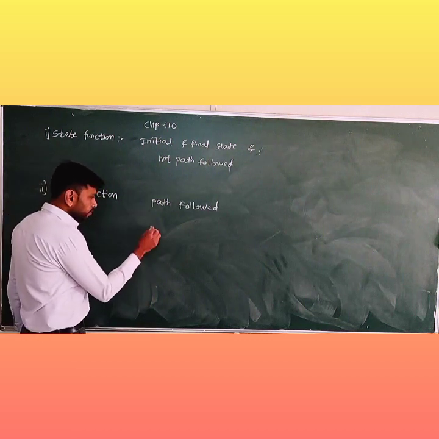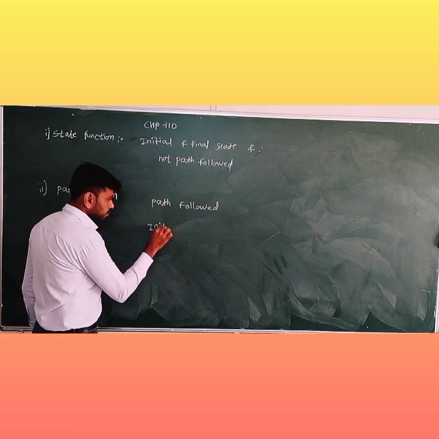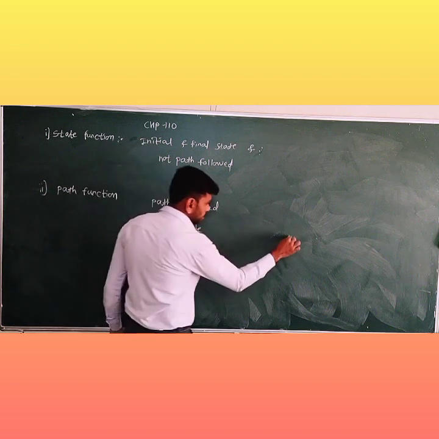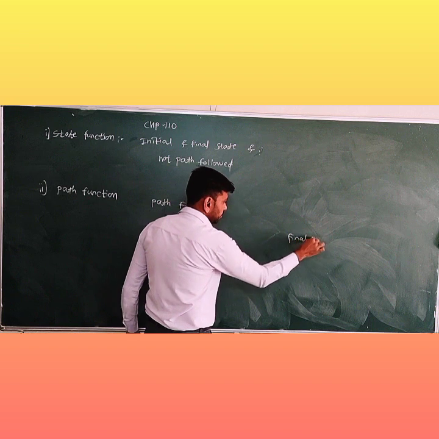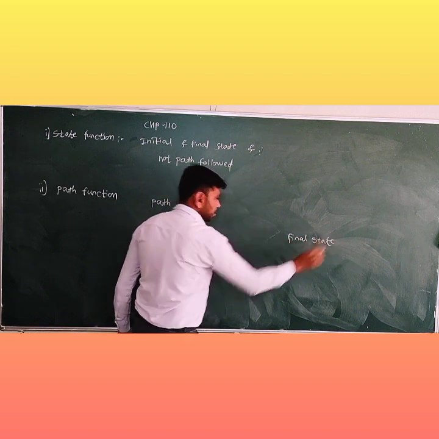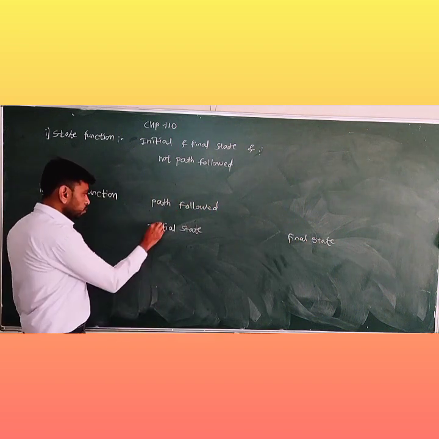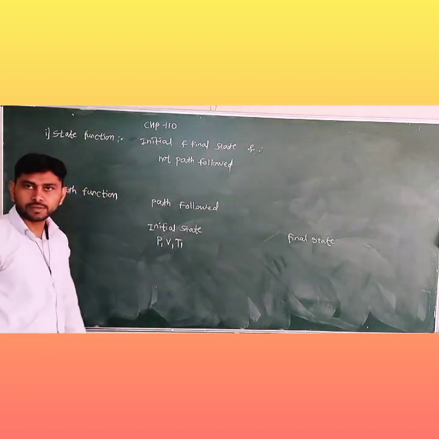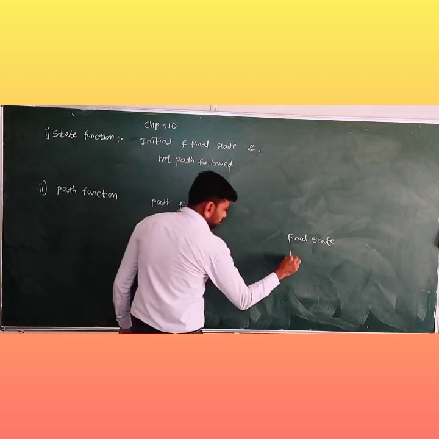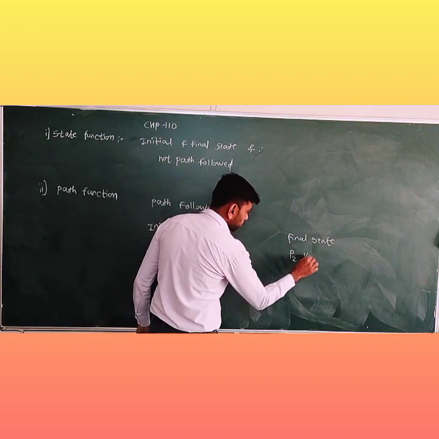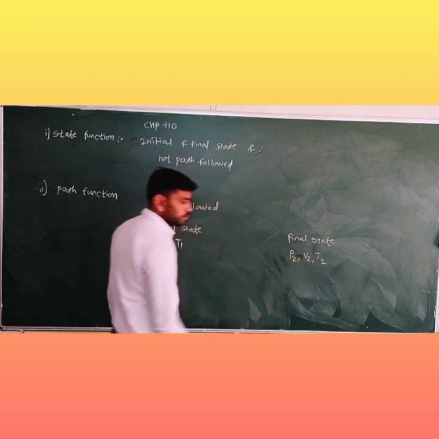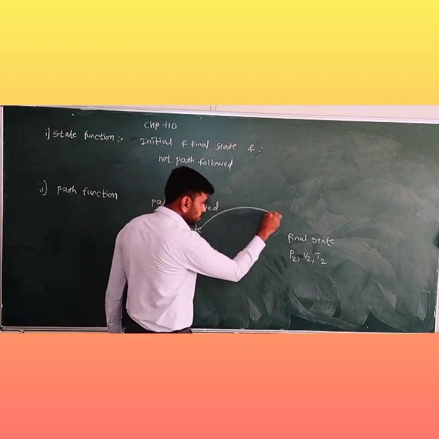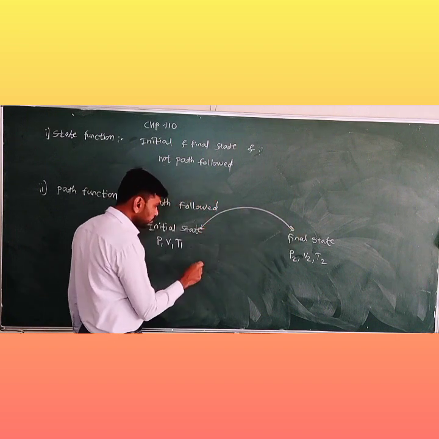Suppose the system is at an initial state, and after some time the system is at a final state. P1, V1, T1 are the initial variables, and P2, V2, T2 are the final variables. The system changes from the initial to the final state by two paths.